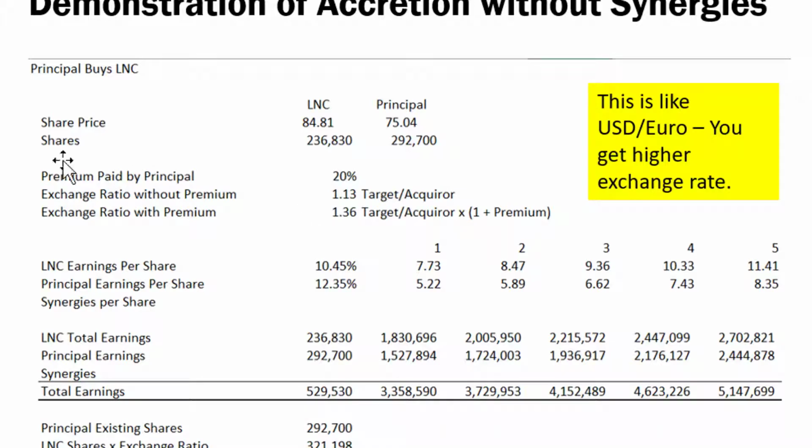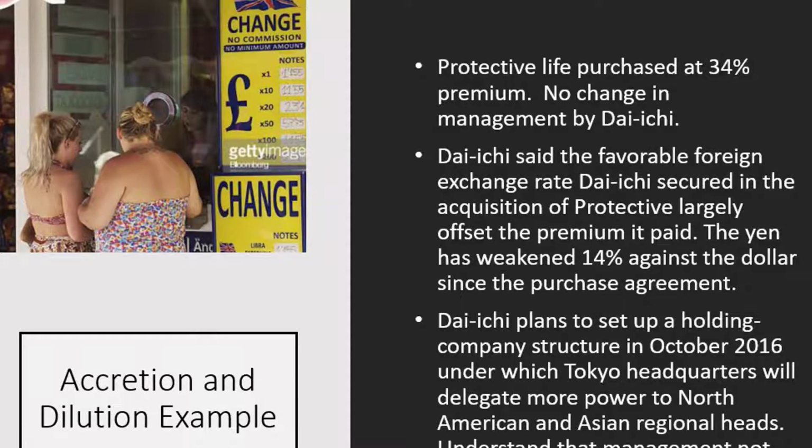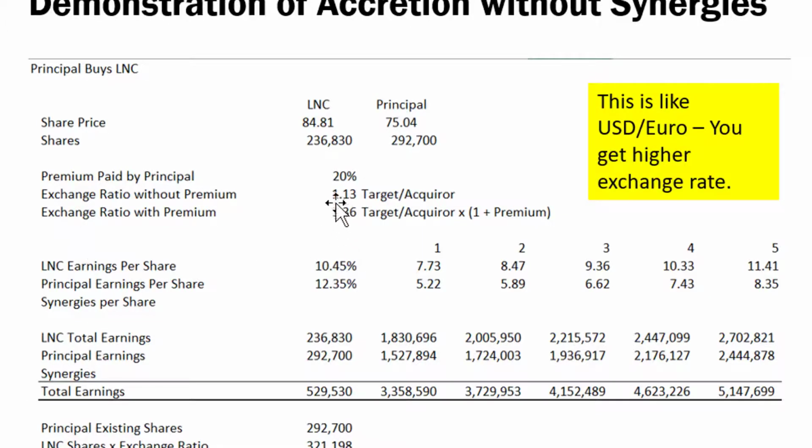Then you go to this booth and say, I'm going to give you a higher rate than this. That's what a premium is. Then you work through the future revenue forecasts and earnings per share forecasts for both companies.